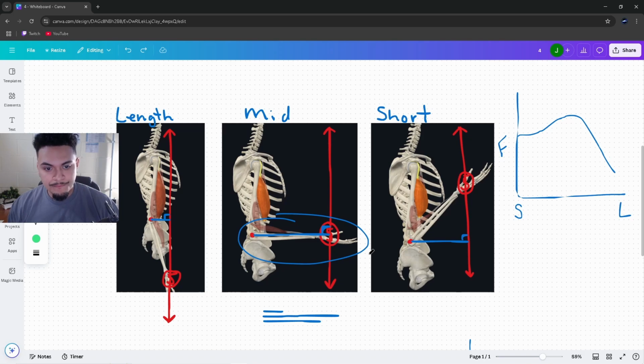Now in the dumbbell biceps curl, we are producing the most amount of force here in this mid-range. So you want to spend more time in this area in the dumbbell biceps curl.